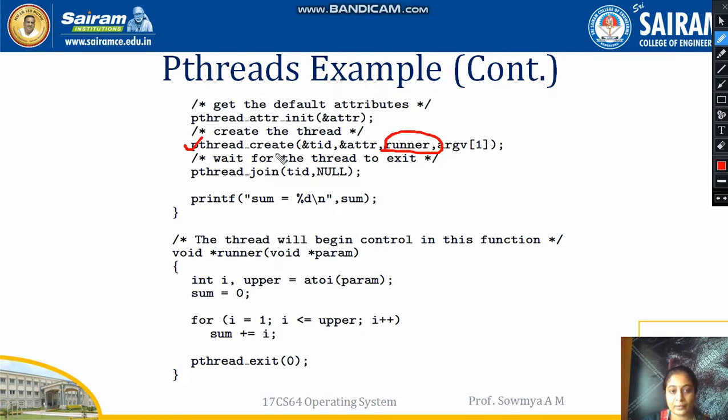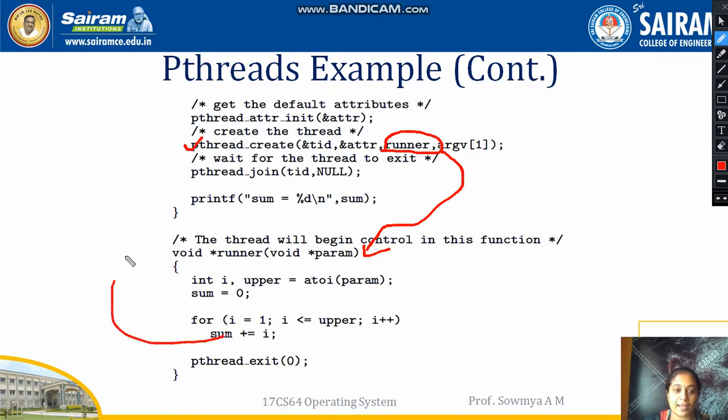The thread you have created will invoke the function runner. Once this statement is executed, the runner function will execute. With the parameters, it adds up the values in the array. What you are passing as parameters is the array of elements given on the command line. The array of elements is added up with the help of a for statement, so the sum value is calculated in the runner function.